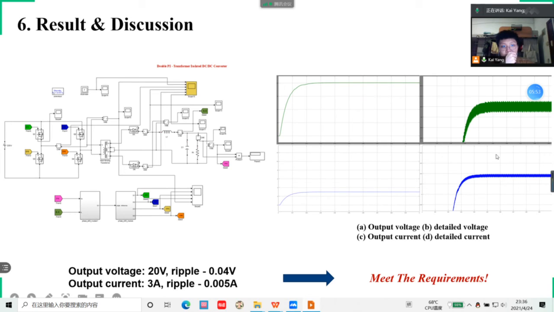And from the right two pictures, this is the detailed voltage and detailed current. We could find the ripple voltage is just about 0.04 volts and the ripple current is 0.005 amps. So we could say that our design meets the requirements.